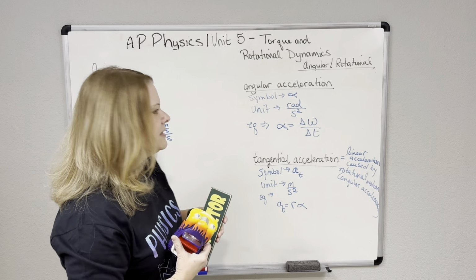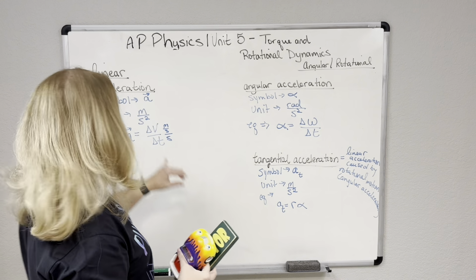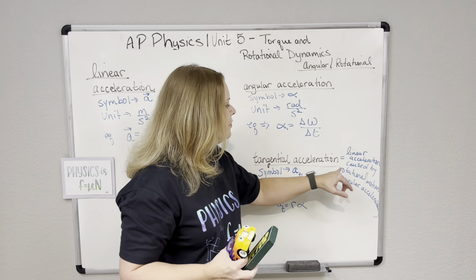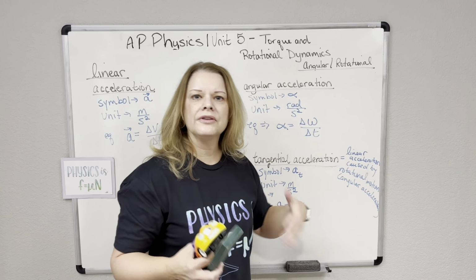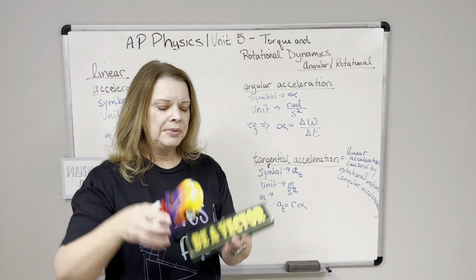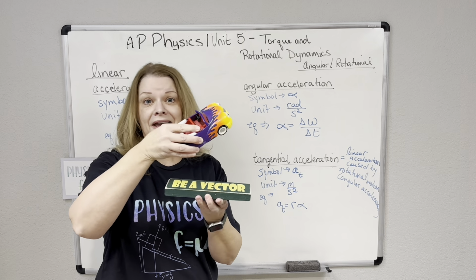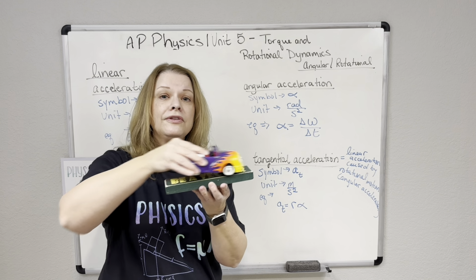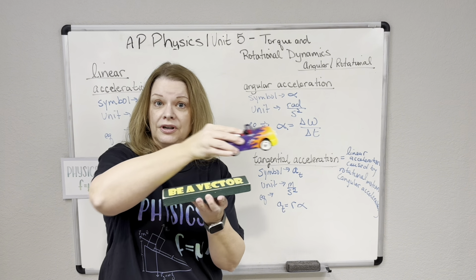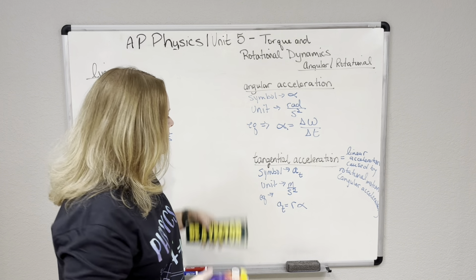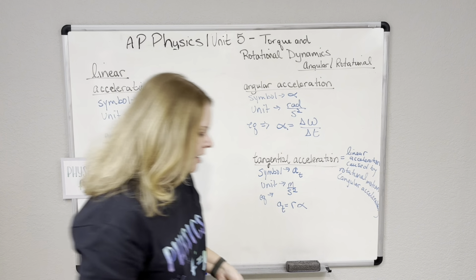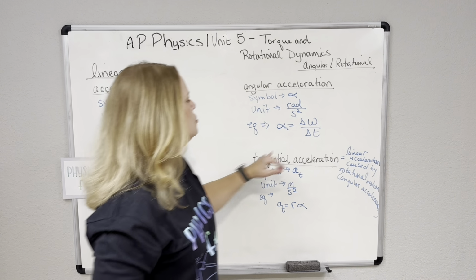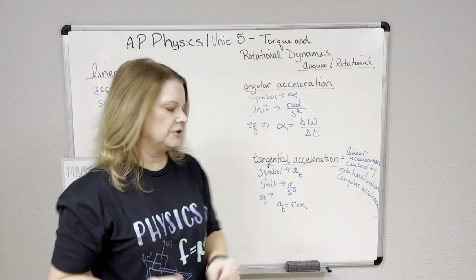The reason that car is having a change in linear velocity over time is because the wheels have angular acceleration. Slow spin to a fast spin, angular acceleration. The whole car is going slow and getting faster. It's having a change in velocity. So those are linked, all right? And that's why you can have tangential acceleration, because you have angular acceleration.